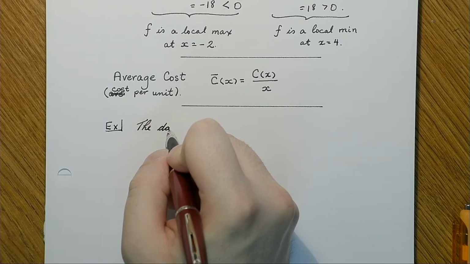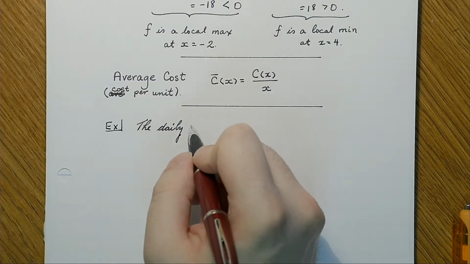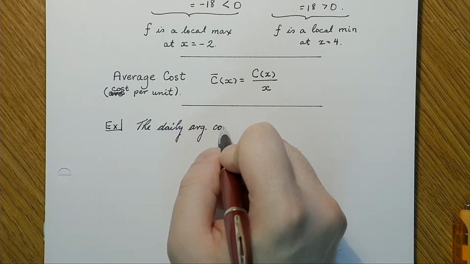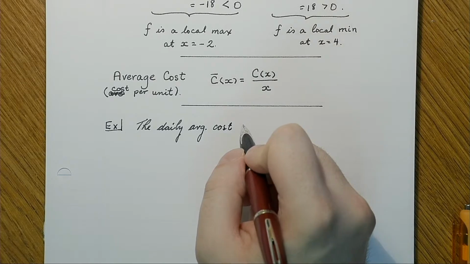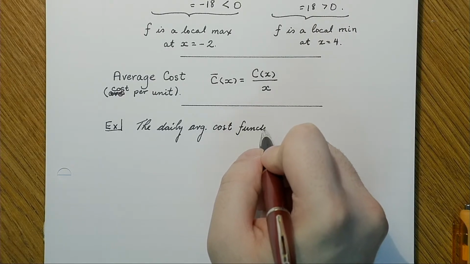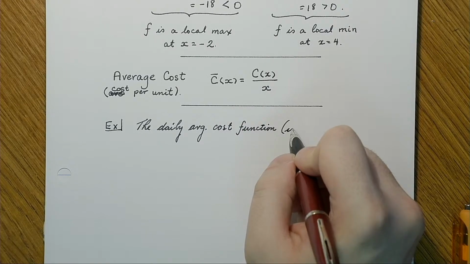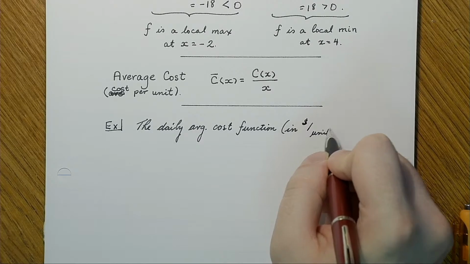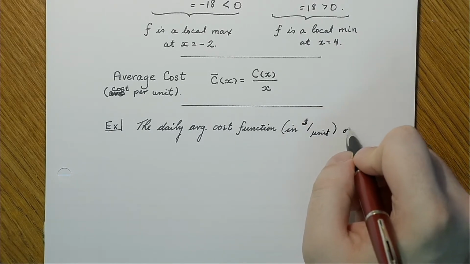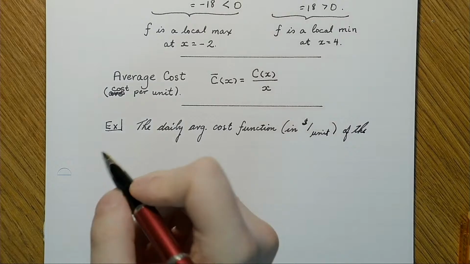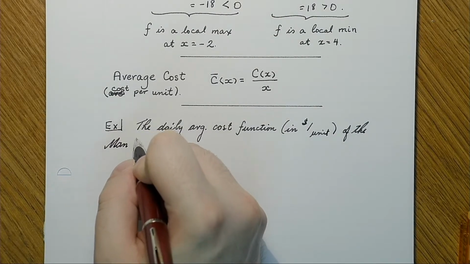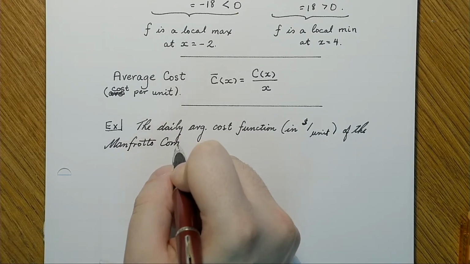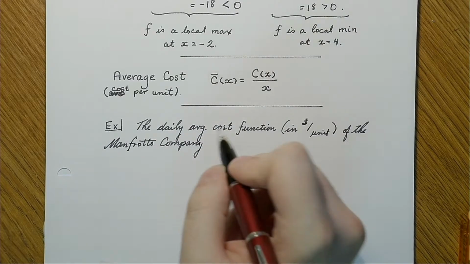So the daily average cost function, in dollars per unit, of the Manfrotto company. They make tripods.